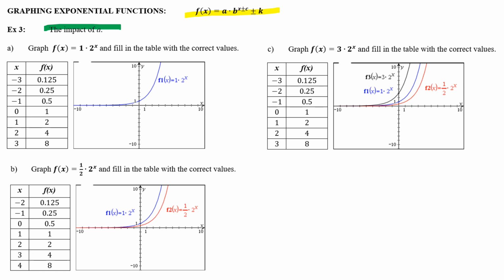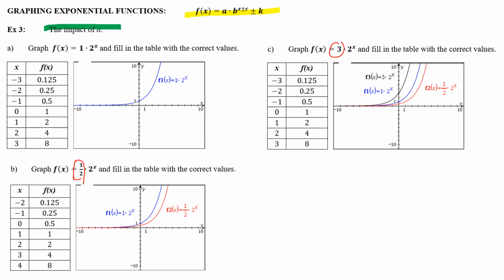The only thing is I made the 1 in front more obvious, but we really don't usually include it, because 2 raised to the x times the 1 is not going to change the graph in any way, but the 1 is there. Now for b, you'll notice I made the a value a 1/2, and then for c, I made the a value a 3.